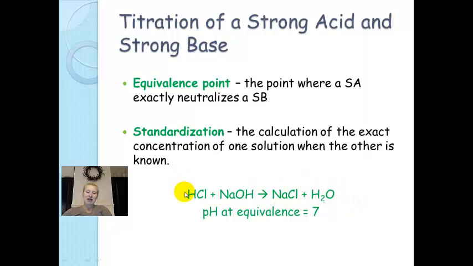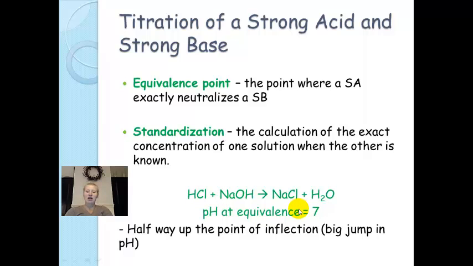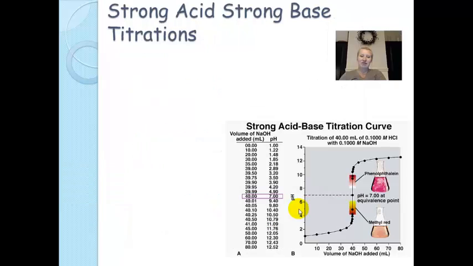So when they're exactly equal, your pH at the equivalence point is going to be 7. Now, when you're titrating, there's going to be a huge jump in pH at the equivalence point. And the equivalence point is exactly halfway up that huge jump, which we call the point of inflection.